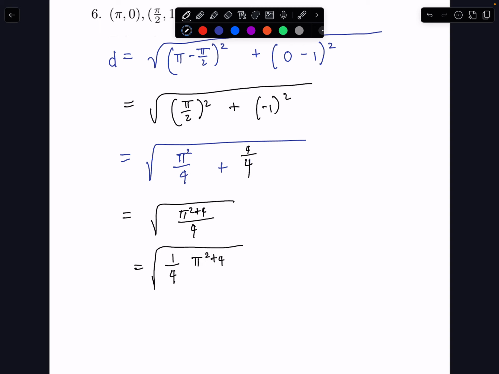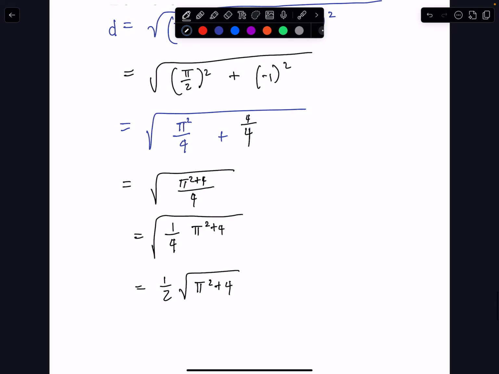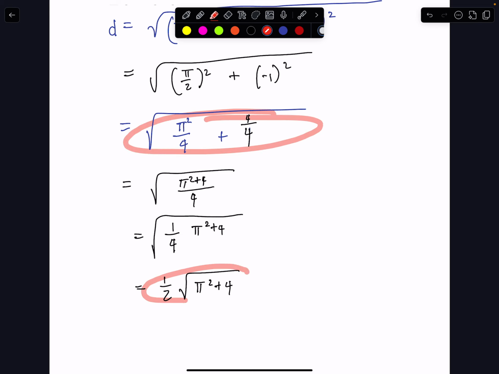And 1/4 is one of those perfect squares, so you can pull that out because 1/2 times a half is a fourth. So I could change it to 1/2 the square root of pi squared plus 4. I guess that's a little nicer. If you stop at this point, I'm okay with that. This would be the full simplified version.